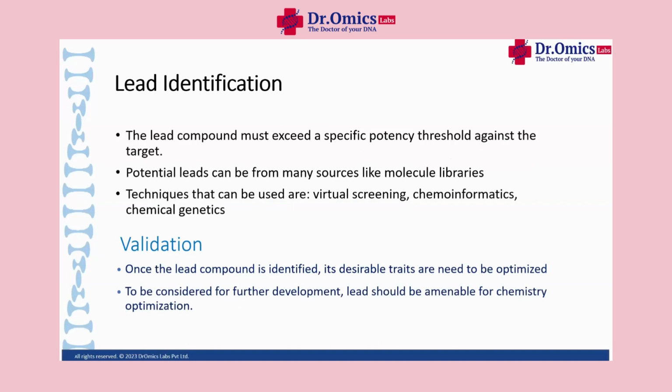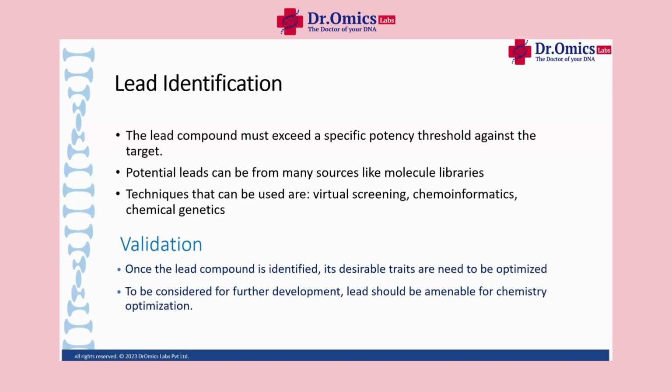These leads can be from any source. Either you can synthesize them, or you can get them from molecular libraries. The techniques that can be used are virtual screening, chemoinformatics, and chemical genetics.